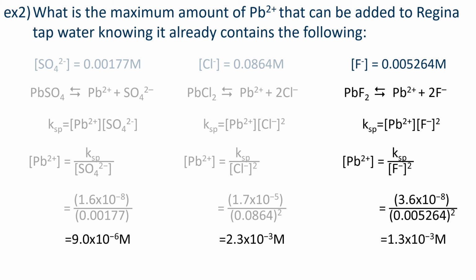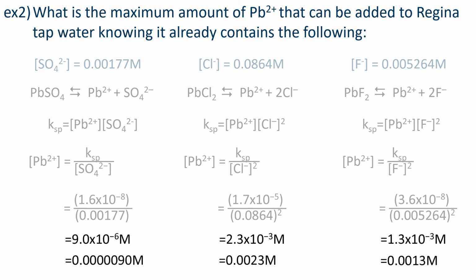Now it asked us again in the question, what is the maximum amount of Pb2+ that can be added to the tap water? So we're going to start at 0 and work our way up. Right away, someone might say 1.3 times 10 to the negative 3, but that number is actually one of the larger numbers we have here because, well, let's take this out of scientific notation.